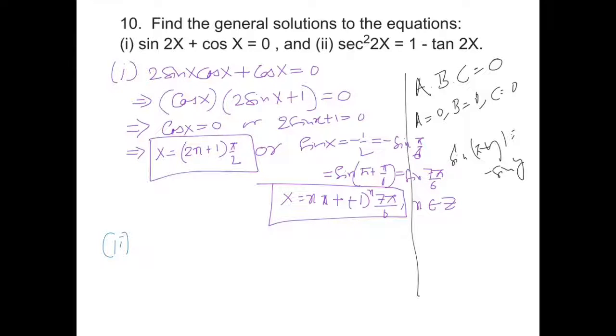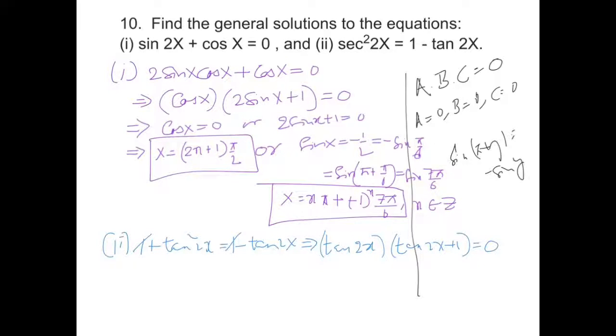We express sec squared 2x as 1 plus tan squared 2x, which is equal to 1 minus tan 2x, and we cancel 1 on both the sides, and this therefore can be written as tan 2x times tan 2x plus 1 equals 0.